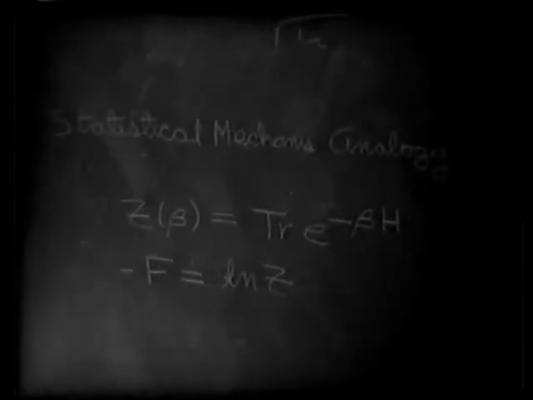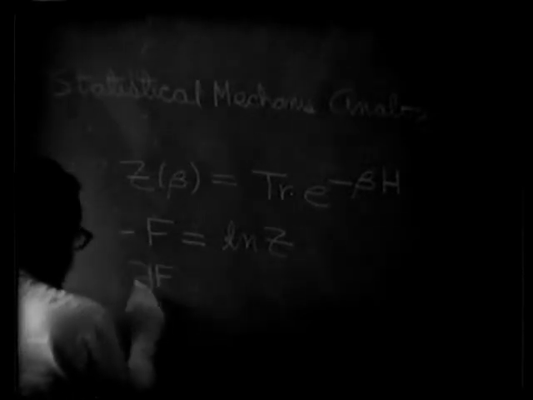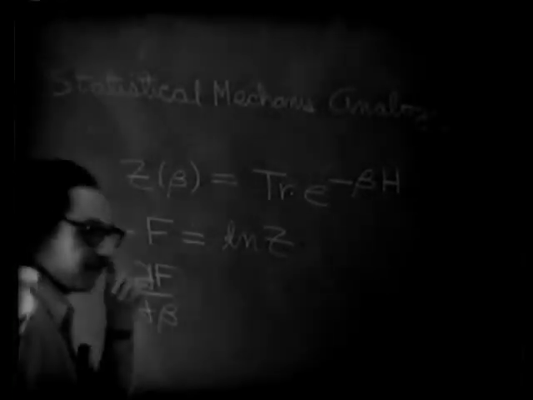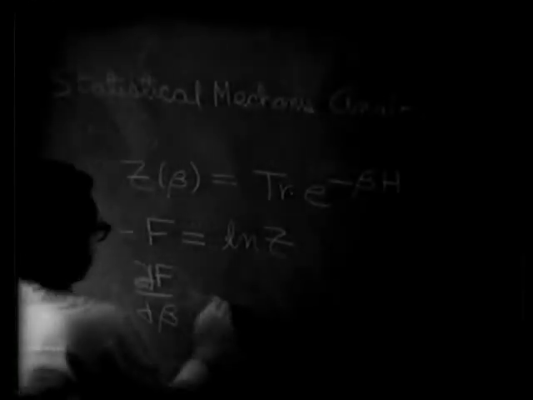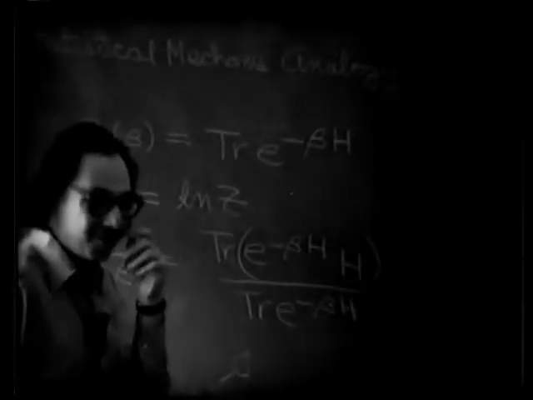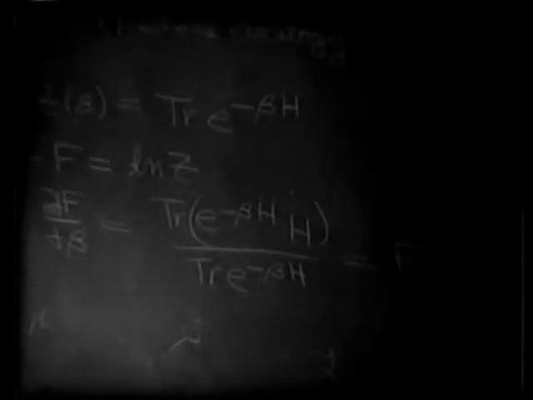Now one differentiates F with respect to beta to obtain the first useful property of a statistical mechanical theory, the average value of the energy, because this expression is trace e to the minus beta H times H over trace e to the minus beta H, and is normally called the energy in the normal sense of thermodynamics, the internal energy of the system.